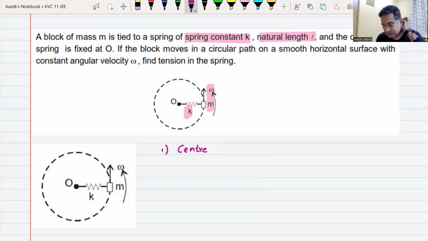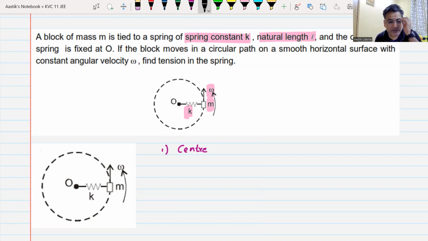Spring force is providing it with the centripetal force. Okay. Will the spring be extended here when it is rotating, or will the spring remain in the natural length, or will the spring be compressed? The spring has to provide force. When does a spring provide force?